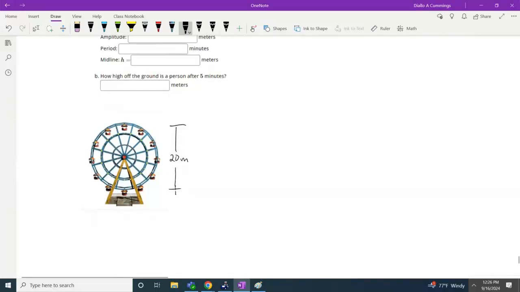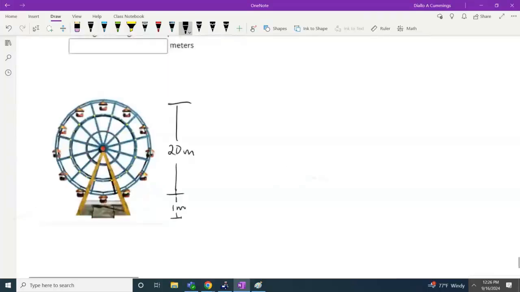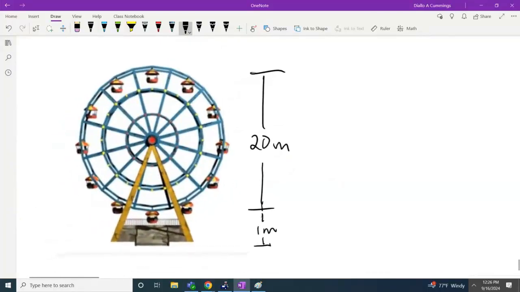So from here, all right. So this is the setup. So the Ferris wheel is 20 meters high, and then on this platform where you actually step to get into the Ferris wheel is 1 meter.